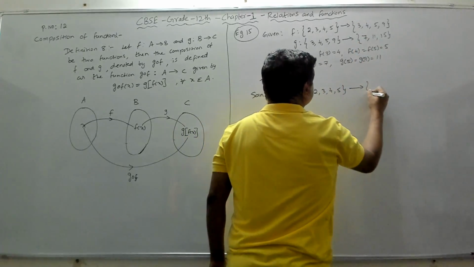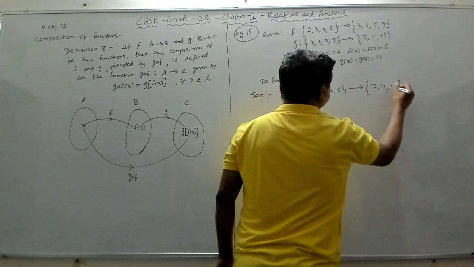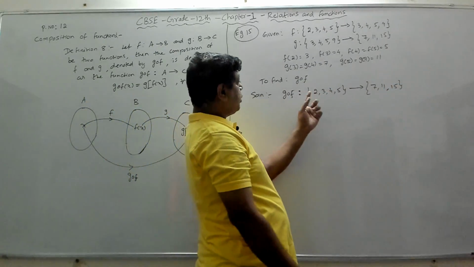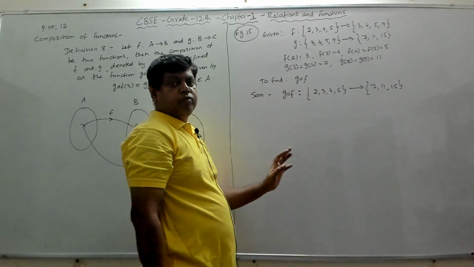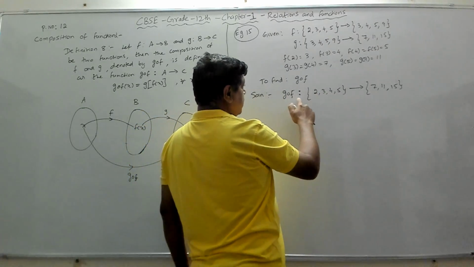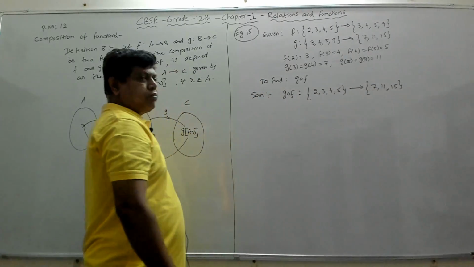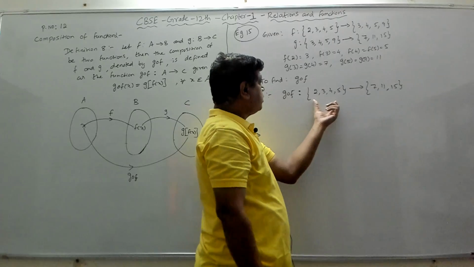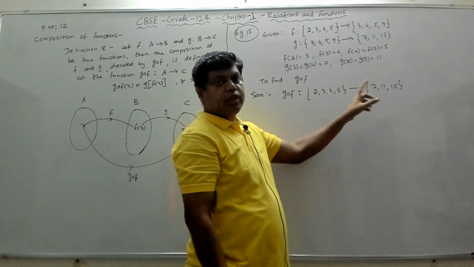This one, which is 7, 11, 15. So g of f will always be from the domain of f to the codomain of g. The domain of g of f is same as the domain of f, and the codomain of g of f is same as the codomain of g. Now we have shown which set the function g of f is from and to. So that is the first part.